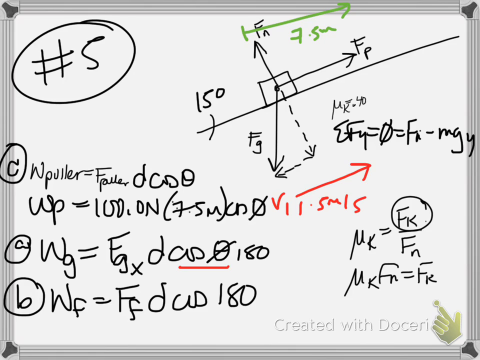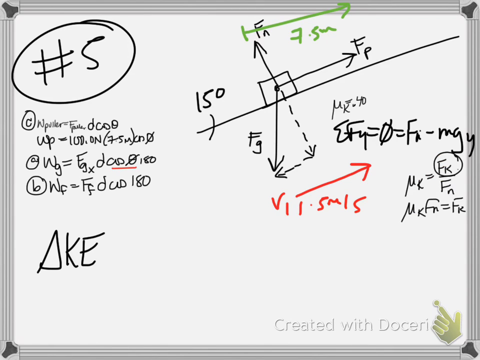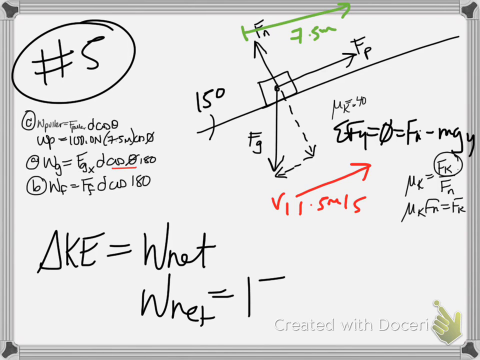Okay, so everybody's good with parts D and E? Okay, because I was going to say, I can show you a quick trick there. So when they say that they want delta KE, we know that delta KE equals work net, and we know that work net equals force net d cosine theta.